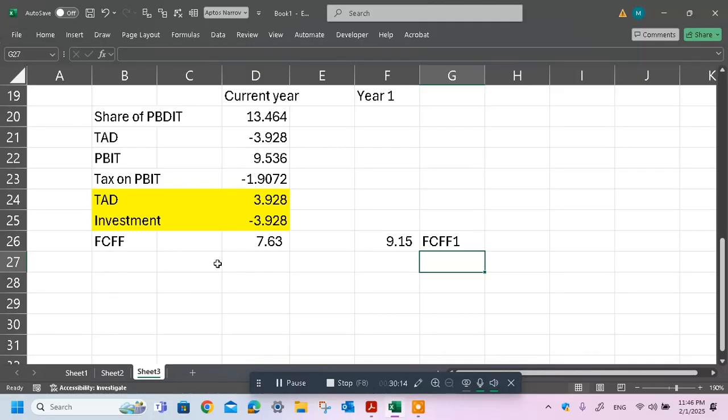Then what formula did I give you? P0 equals, again let me write it here, FCFF1 divided by WACC minus g. From year 1 onwards, it must be constant growth, then you can apply. So let's apply this formula.